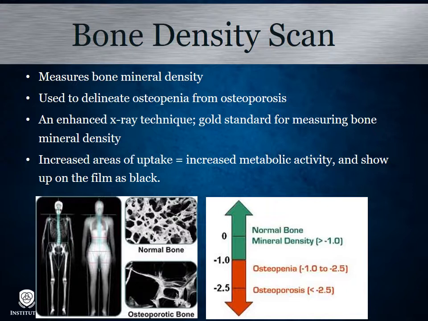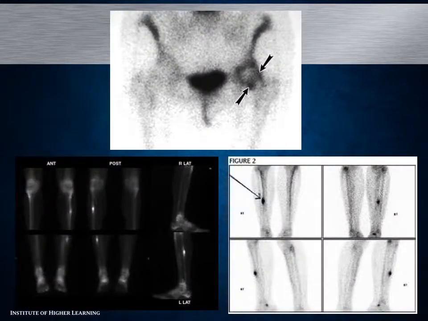And so it shows up. Where you have high density, that's good mineralization. You can see here pretty good, here not so much. The femoral neck is looking pretty bad.